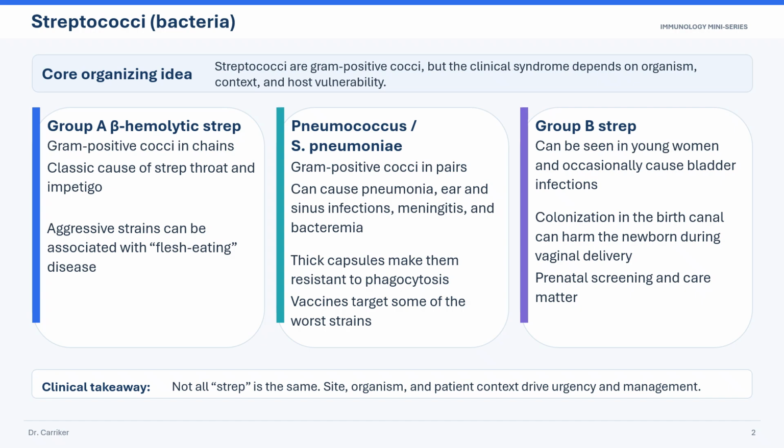Now, group B strep, as a reminder, is relevant with birth, and the child can become infected. In this early age, the critical point is that if infected, this can lead to death. And this is why it's so important to maintain prenatal visits. Just as a real quick reminder, your IgG antibodies are the only ones that will cross the placenta because it's the smallest.